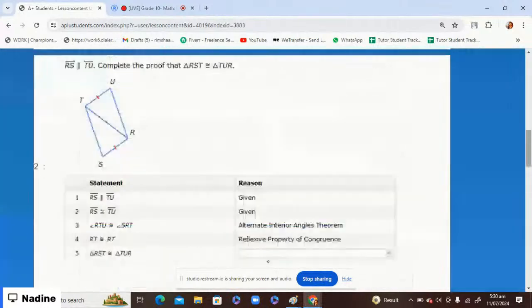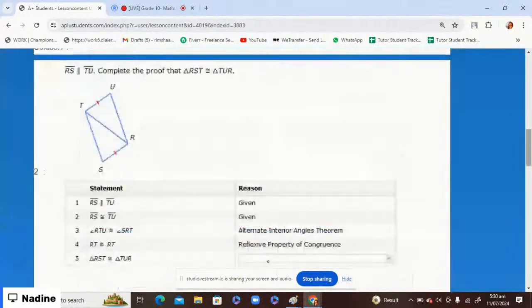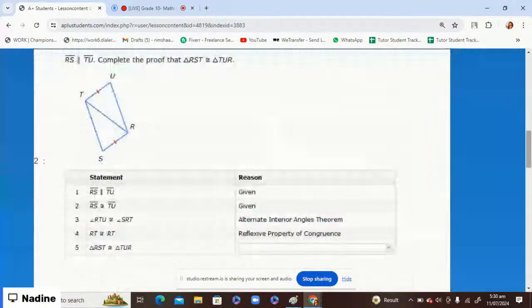The same thing is given here, two sides are the same, so it means that if two sides are the same, the remaining two sides are also the same. Here, if RS is the same, then the other one is also the same.